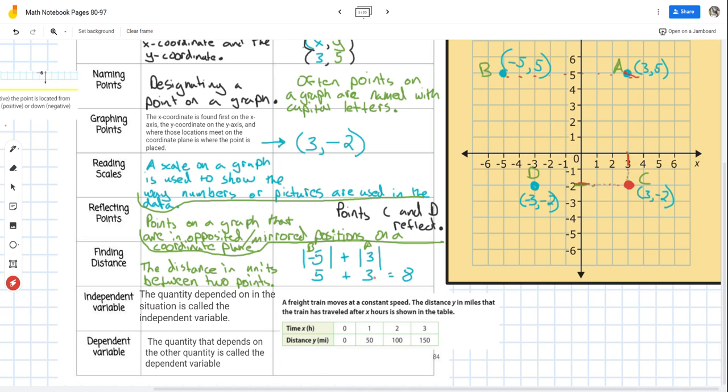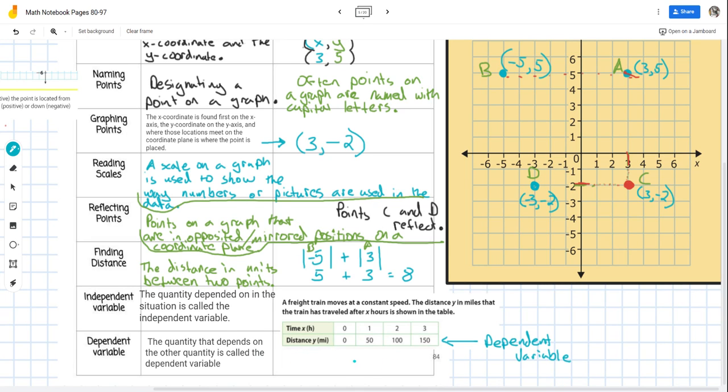Now, the dependent variable is the distance the train traveled. The dependent variable is y in this case.